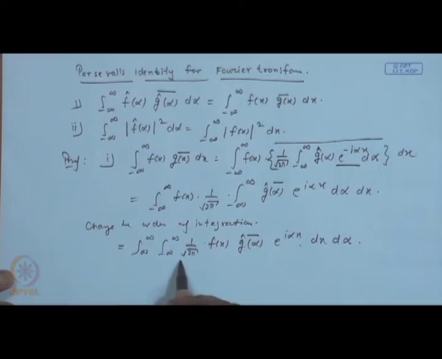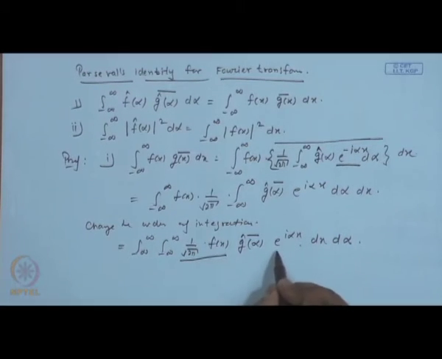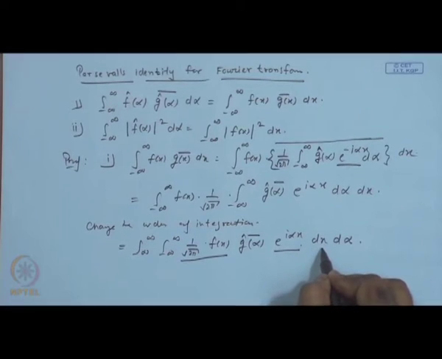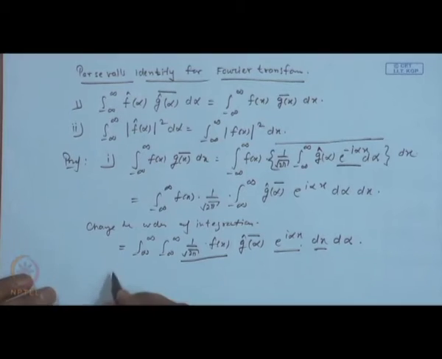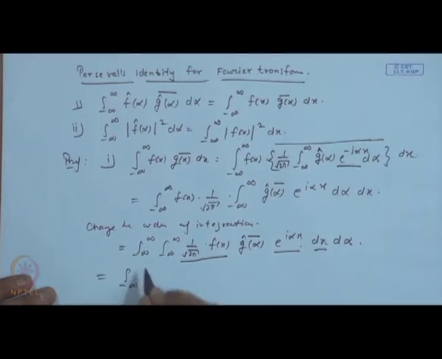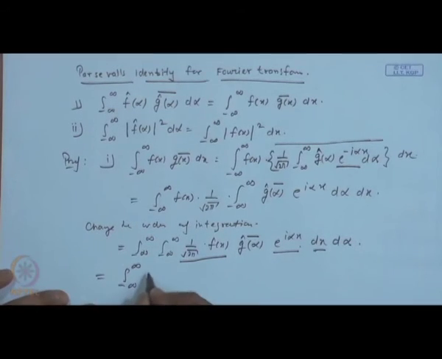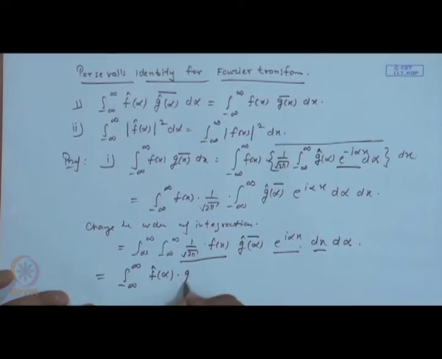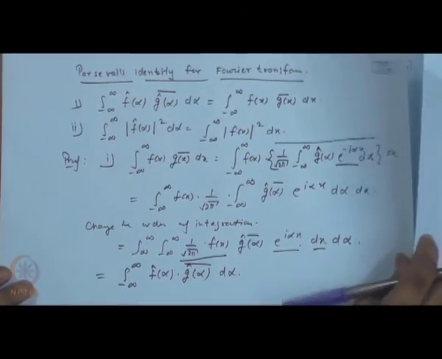So, this 1 over square root 2 pi f(x) e^(i alpha x) dx will give us again the Fourier transform of f. So, this is the Fourier transform of f, and we have already this Fourier transform of g with this conjugate and d alpha. So, the first result is proved, and for the second one, that's just a particular case.